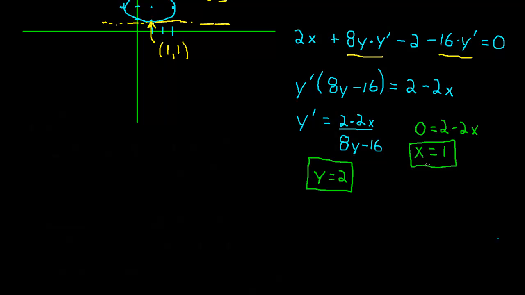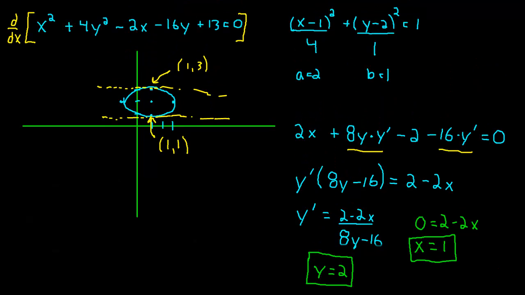If x is equal to 1, what are my y values? To find that, I'm going to use my standard form of the ellipse right here, and I'm just going to substitute 1 in for x. If I do that, you'll see that this whole thing goes away, and I am left with y minus 2 squared equals 1.